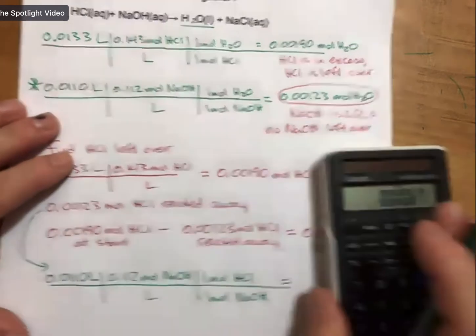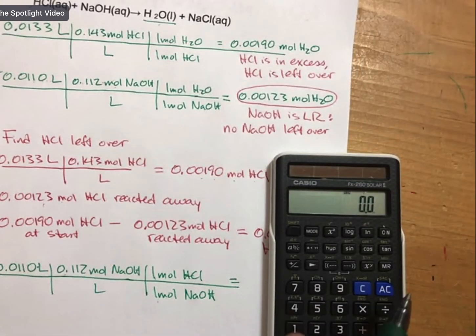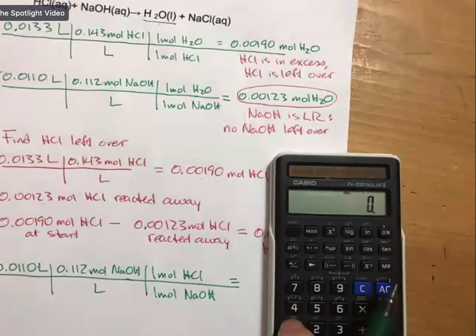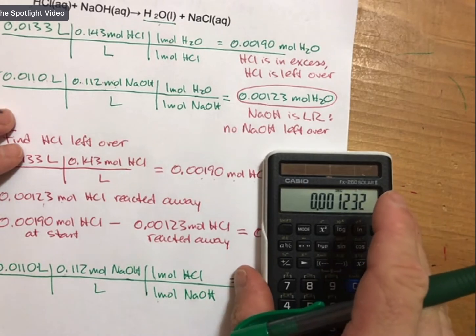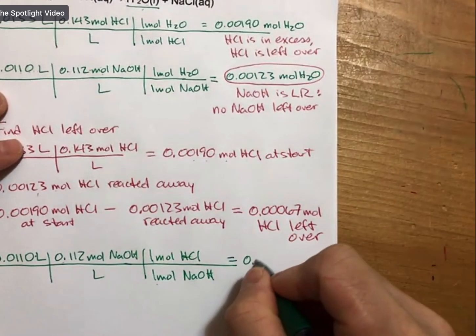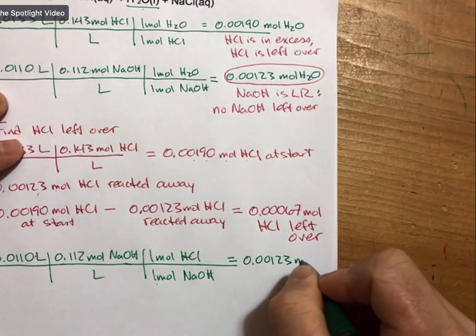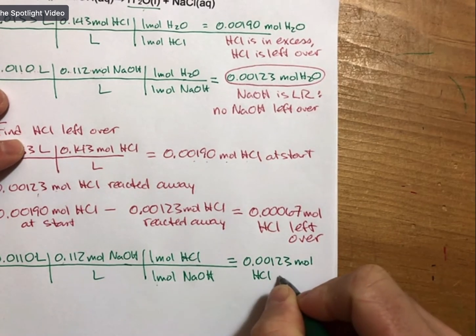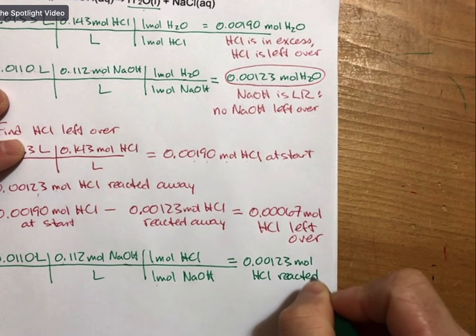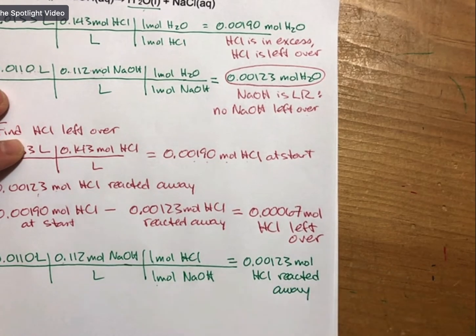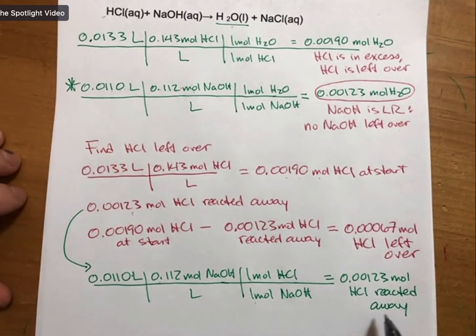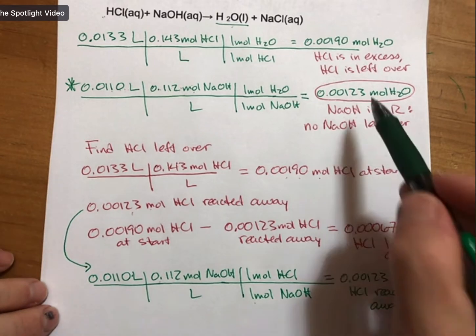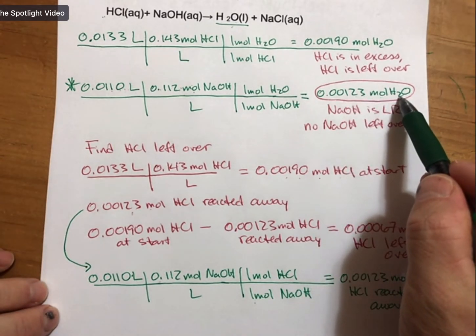And if I multiply this out, 0.011 times 0.112, I get 0.00123 to 3 sig figs moles of HCl reacted away. And it is no coincidence that that's also the moles of our products that are made.